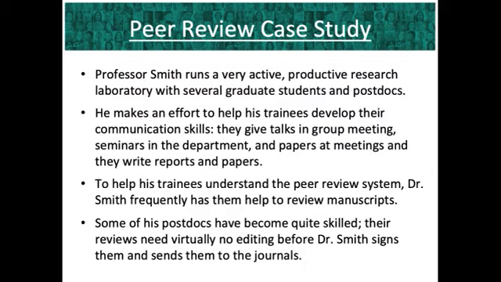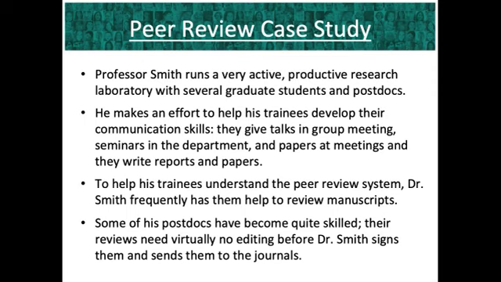And so I just want to close with another peer review case study for you to consider. And this is a case study of Professor Smith, who has a very active and productive research laboratory with several graduate students and postdocs. And one of the things that he wants to do is help them develop their communication skills by making them give talks in group meetings and seminars within departments, and also presenting at meetings and writing various reports and papers.